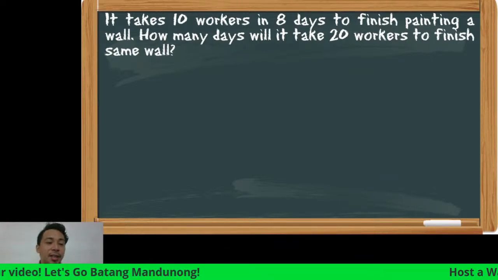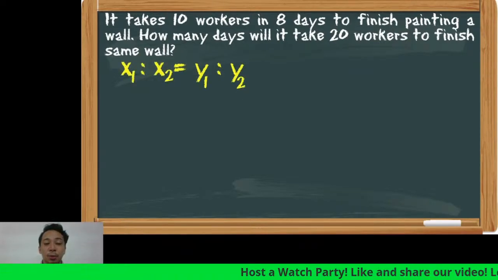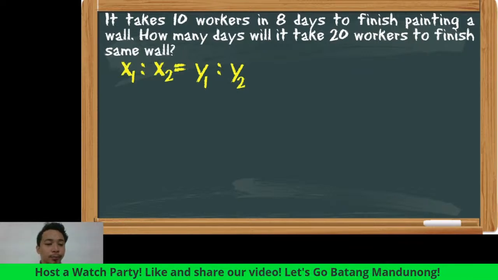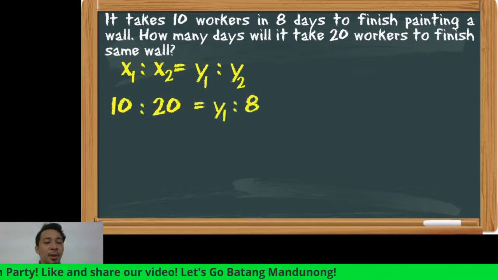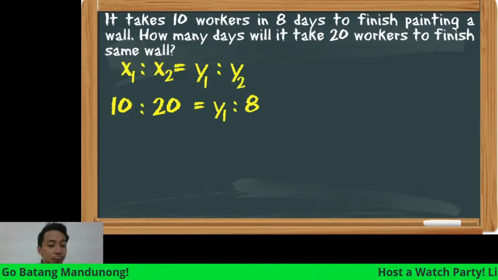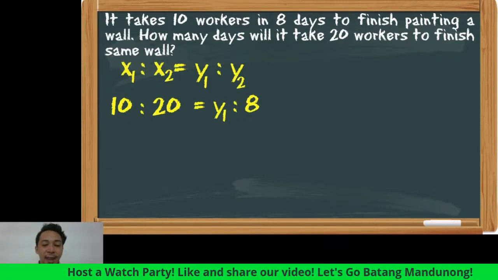So we will be using the equation x sub 1 is to x sub 2 equals y sub 2 is to y sub 1. So you'll have now x sub 1, which is 10 workers, is to 20 workers, equals y sub 1, that is unknown, and we have 8 days.